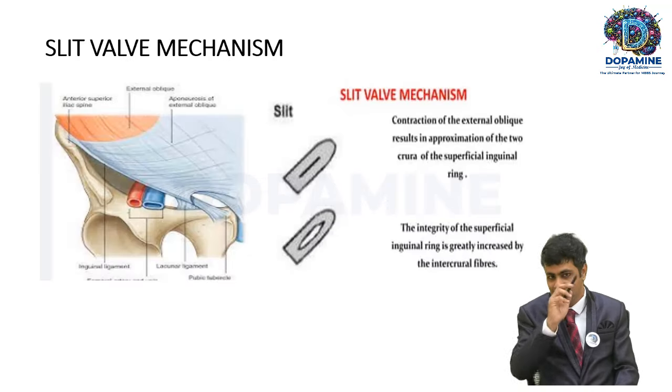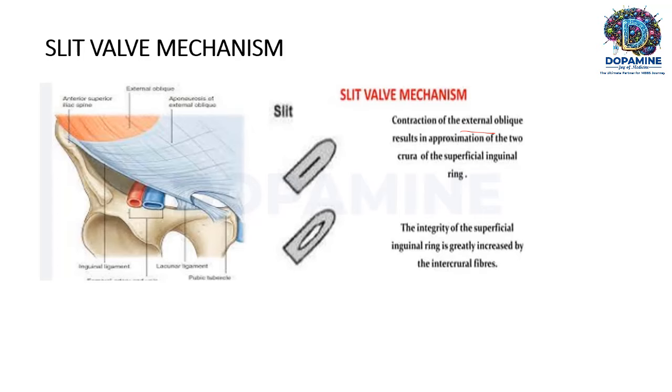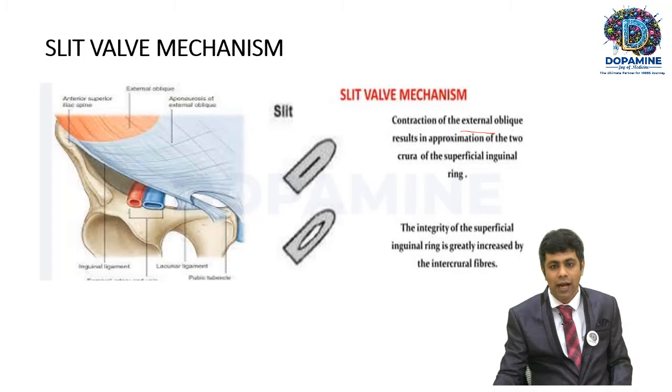And last, the slit valve mechanism is done by the external oblique muscle. When you look at the attachment of the external oblique muscle, as I told you, this external oblique muscle divides, as it reaches the pubic crest here, into two crura. Clear? One is a lateral crus here and the other one is a medial crus here.